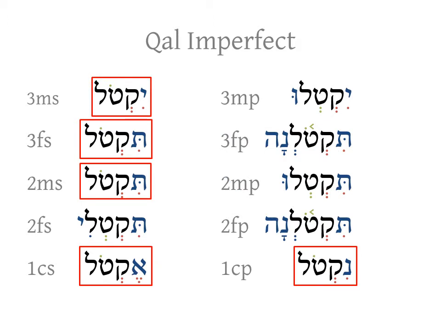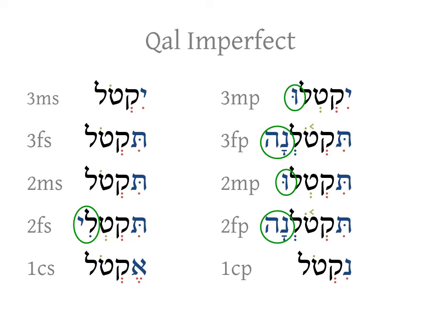Next, notice that we have 5 forms that have no suffix: yiktol, tiktol, tiktol, ektol, and niktol. 3ms, 3fs, 2ms, 1cs, and 1cp. The other 5 forms will have suffixes. So the second feminine singular, tiktali, the third masculine plural, yiktolu, and the second masculine plural, tiktolu, have the same ending. And the third and second feminine plurals, tiktolna and tiktolna, have the same ending.